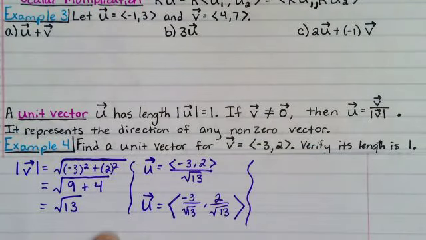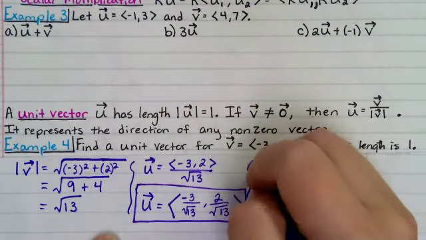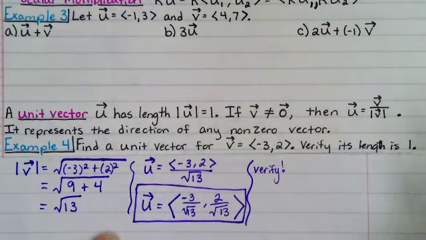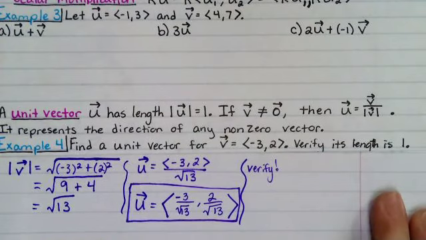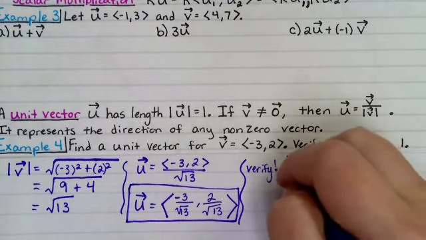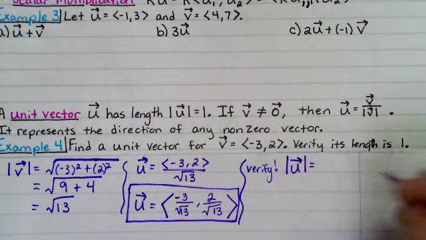All right. The other thing I'm supposed to do is verify its length is 1. So this is my unit vector, but I also need to verify. So in order to verify that its length is 1, I need to find the magnitude of my unit vector, because the idea is that the magnitude is going to be 1, right? If this is truly the unit vector, make sure that the unit vector's magnitude is in fact 1.